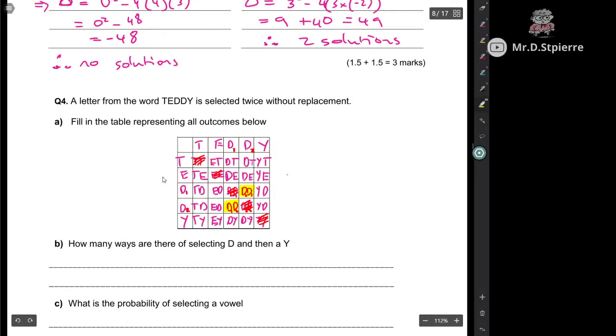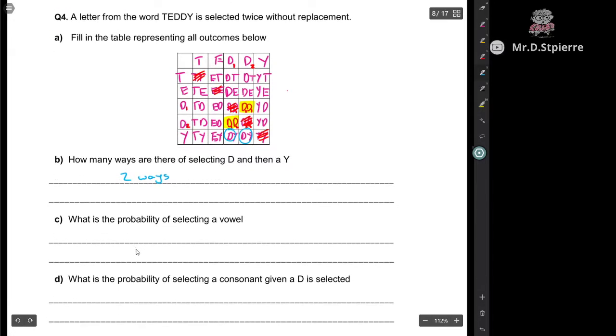How many ways are there of selecting a D and then a Y? So getting a D, then a Y. We have D, Y down here, and down there. There's 2 ways. What is the probability of selecting a vowel? A vowel, for those of you who can't remember, is A, E, I, O, and U. In our case, it's just the E's. So let's circle them in black.